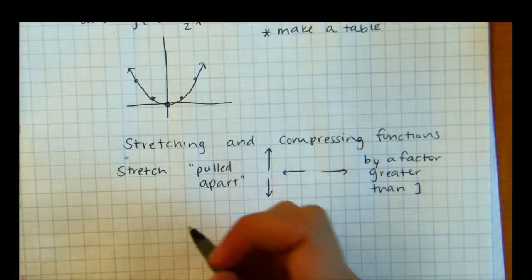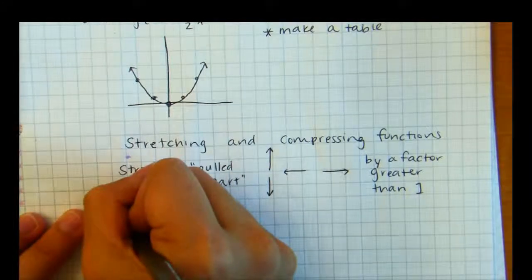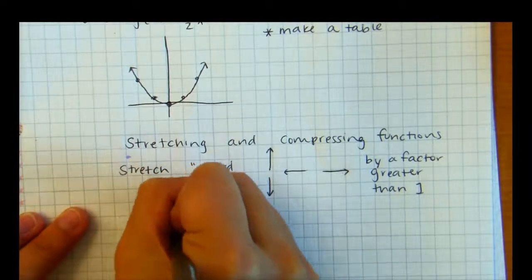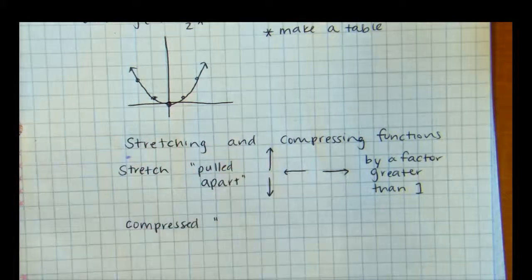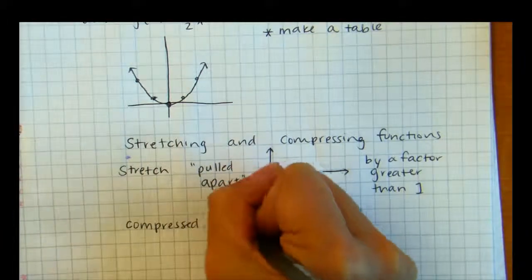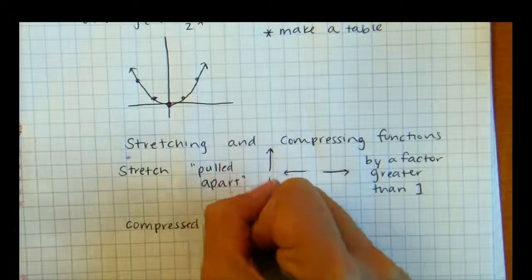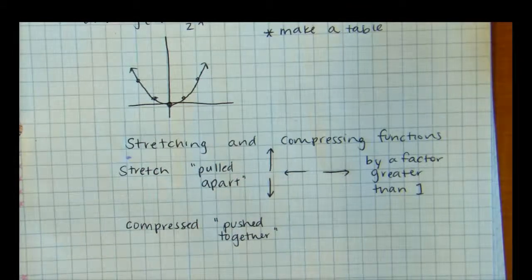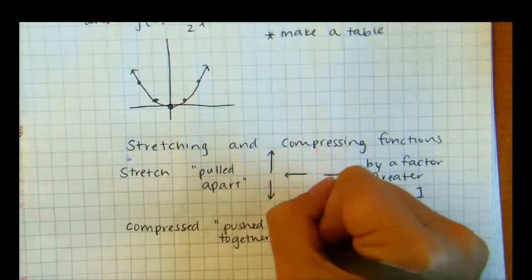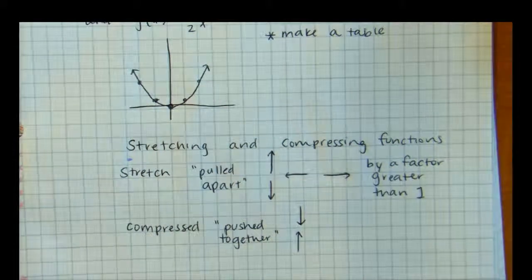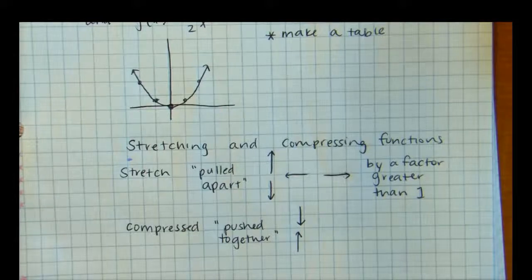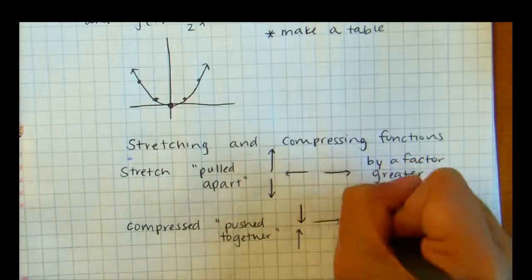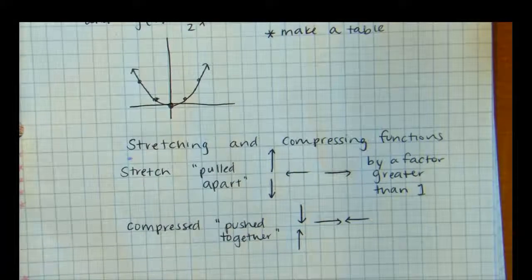Our other option is that our function is being compressed. So in this case, it's being pushed together. So vertically, it can be compressed, where it's getting shorter and shorter, or it can be horizontally compressed, where it's getting thinner and thinner.